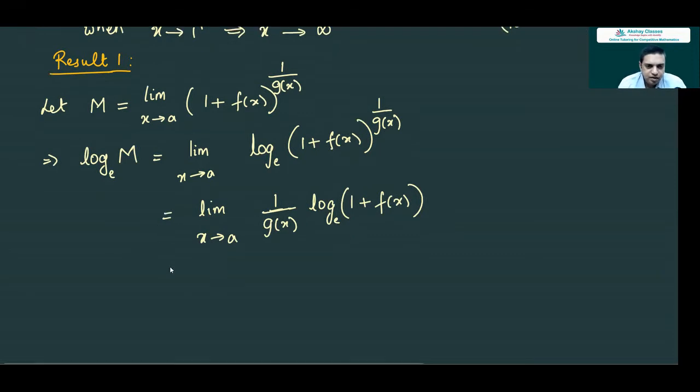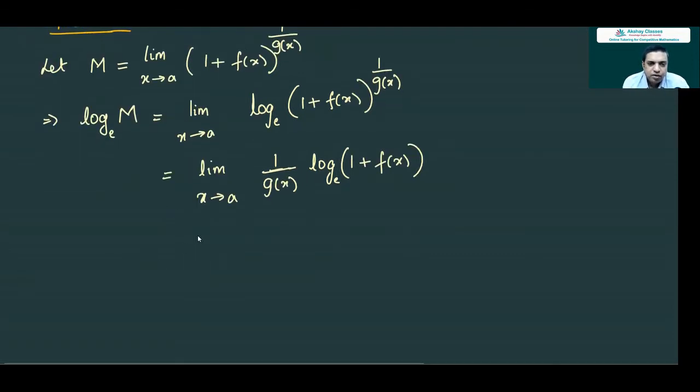Now we know that f of x is tending to 0 and g of x is also tending to 0 as x tends to a. So I will multiply and divide by f of x.